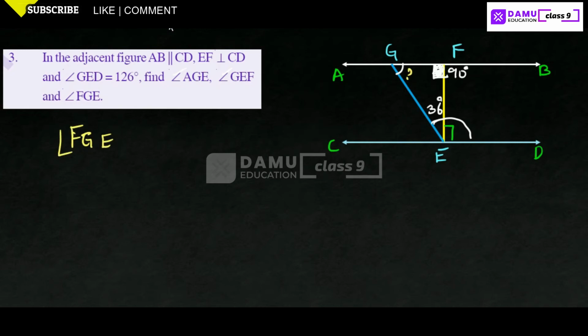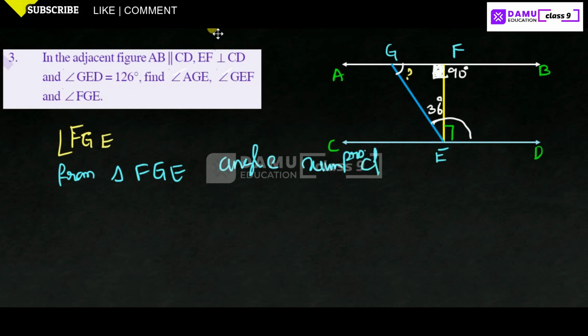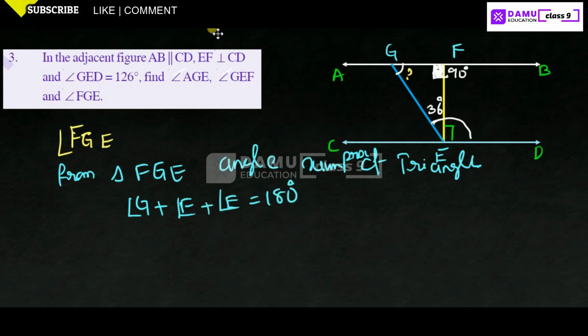This is another method I am explaining. Here, angle sum property of triangle FGE. The sum of all the angles, angle G plus angle F plus angle E, will be equal to 180 degrees. We already know these values.